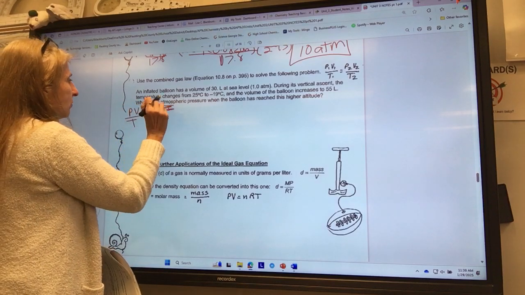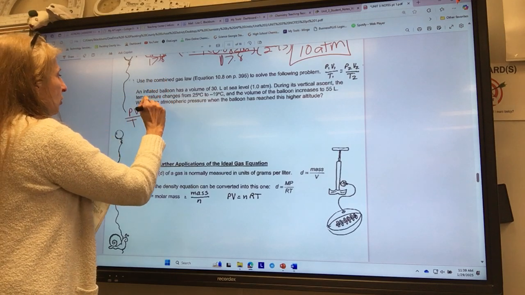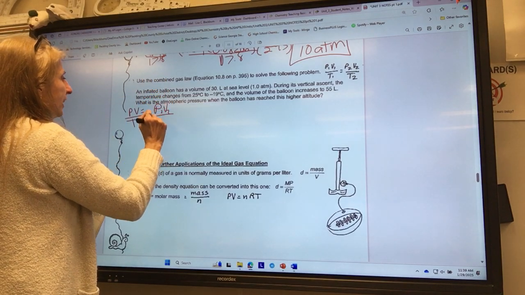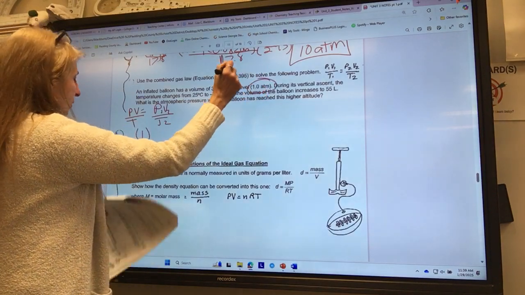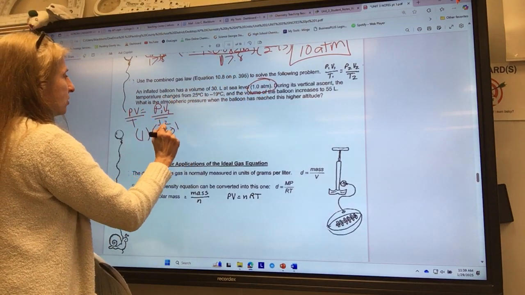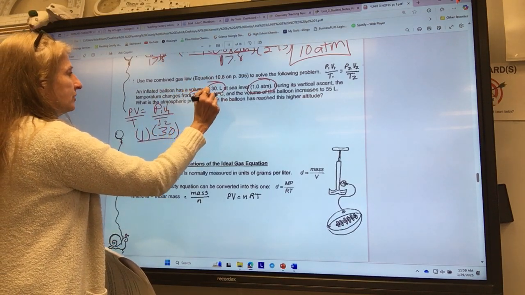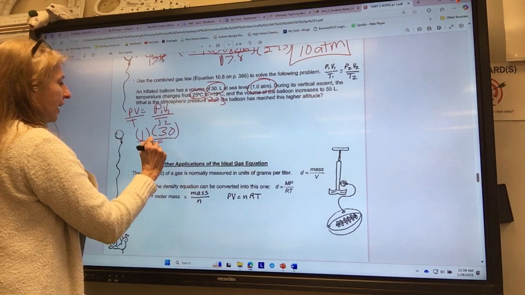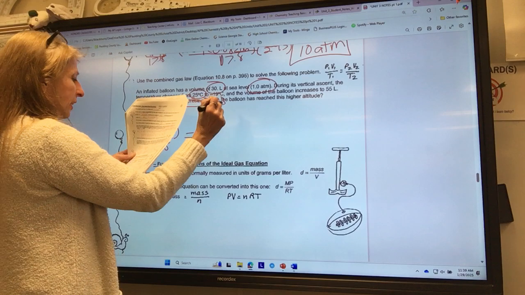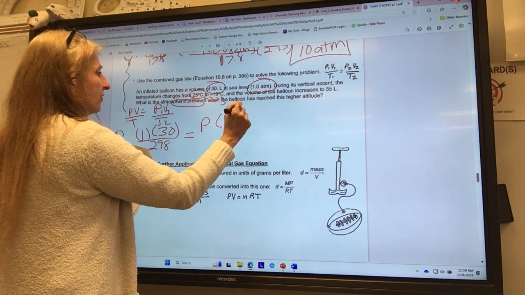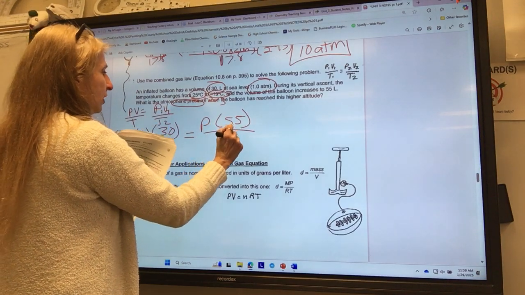So we got P1V1T1 equals P2V2T2. I'm going to substitute 1 atmosphere, there's a pressure, I'm doing this quick, times 30, that's my volume, times my temperature plus 273 is 298, equals my unknown, that's what I'm looking for, pressure, times my second volume over my second temperature, which is 254.